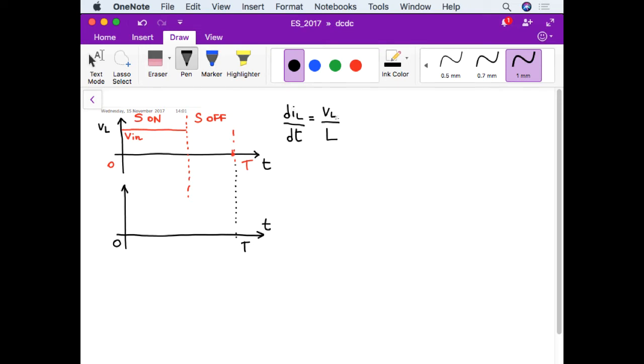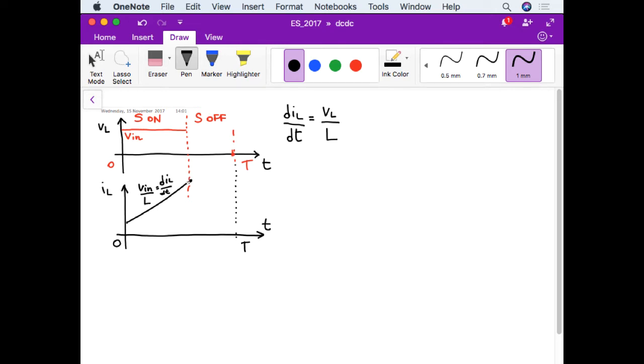When V is negative and constant, the current in the inductor decreases linearly with time. So, during the time during which the switch is on, we have that VL is equal to V in, and therefore we know that the derivative of the current, let's draw it here, as a function of time is equal to V in over L. This is the dIL over dt.